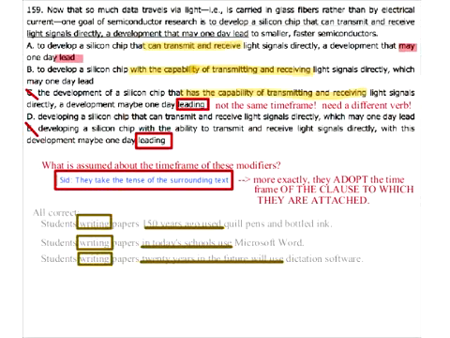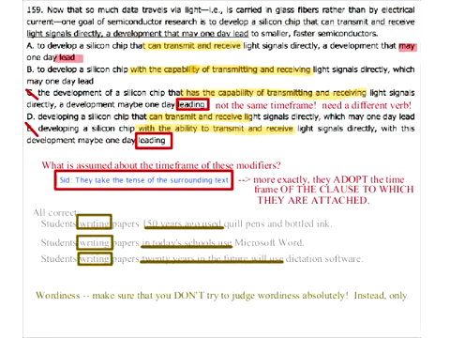So these are not the kinds of things that you want to judge absolutely, but relatively. So when you look at wordiness, make sure that you don't try to judge wordiness absolutely. Instead, only judge wordiness relative to other answer choices.